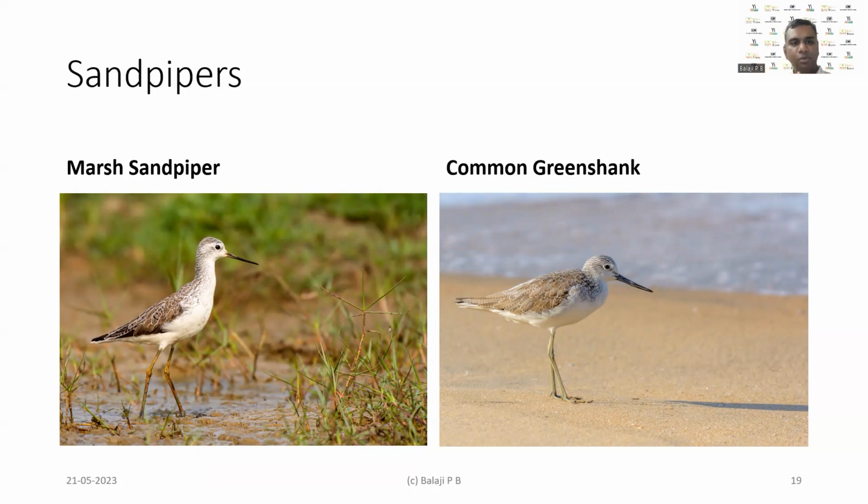But the main difference between the two species is that in the marsh sandpiper the beak is very thin and straight, whereas in the common greenshank the beak is quite thick and slightly upcurved. It's not as upcurved as what you see in the Terek sandpiper, but there's still a small curvature that you can observe in the field. So a combination of these two factors, thickness of the beak and the shape of the beak, is how you tell the two species apart, the marsh sandpiper and the common greenshank.